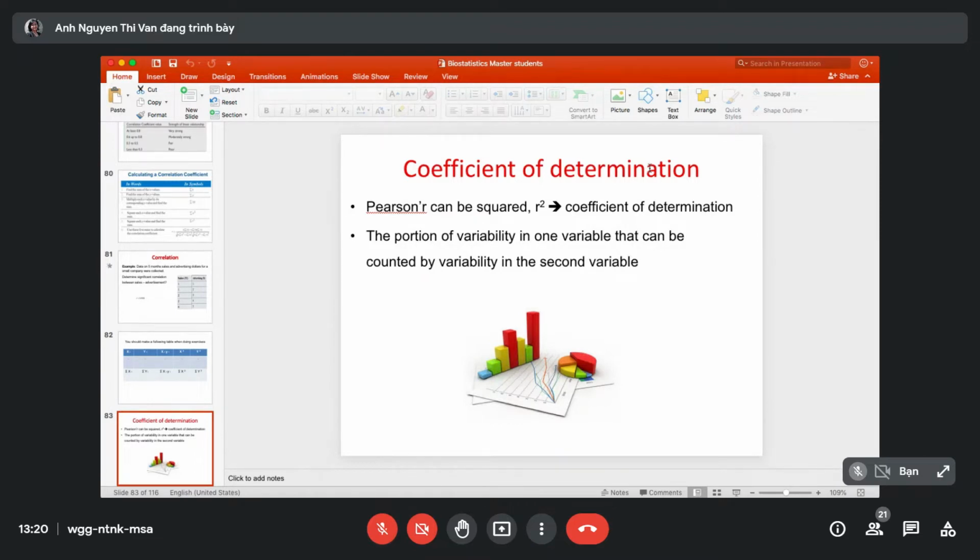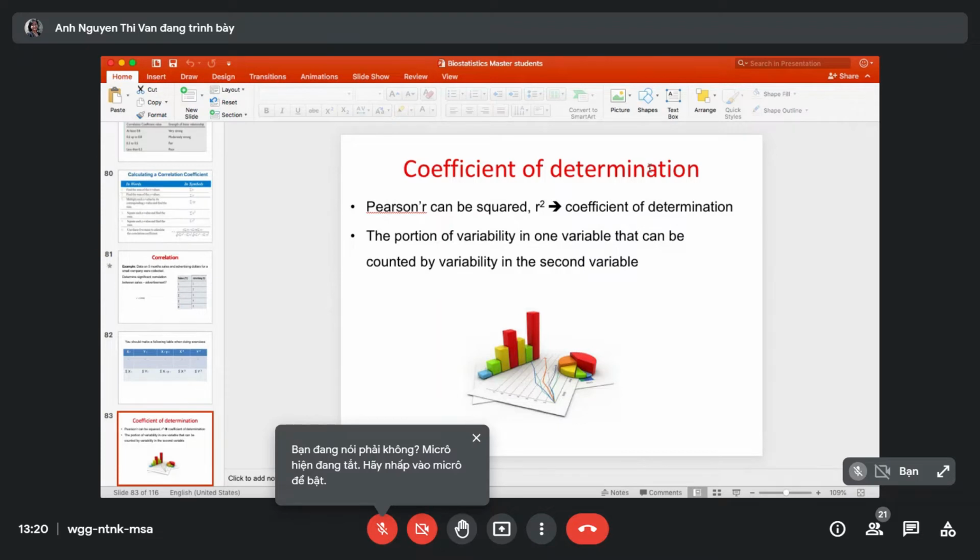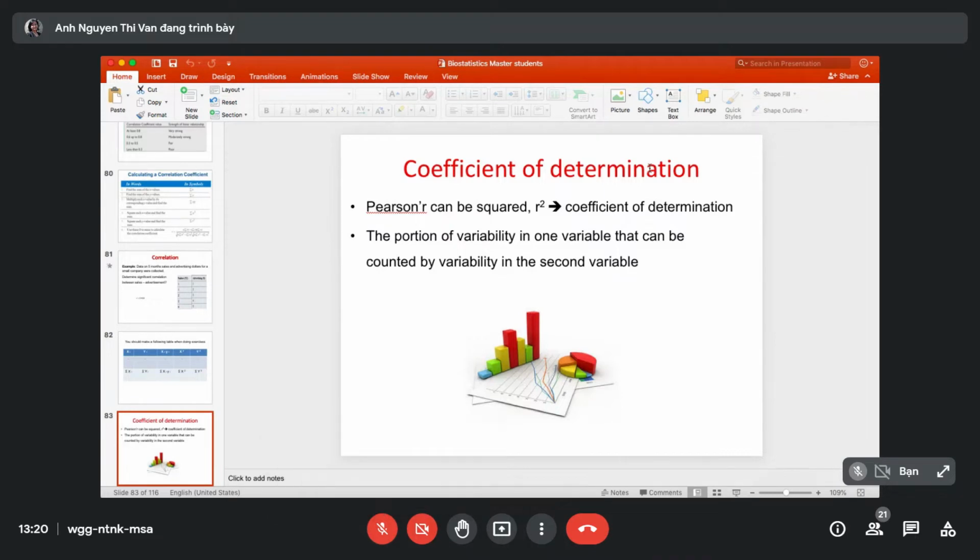Okay, so you know that when we collect the data, there always exists variability in the data set. And if we know the coefficient of determination, we can say what percentage of the variability of this variable can be explained by the variability in the second variable.